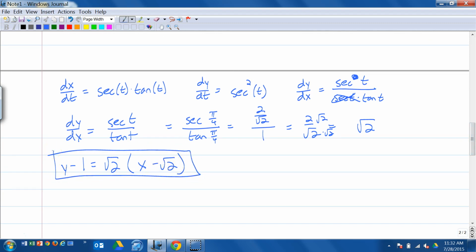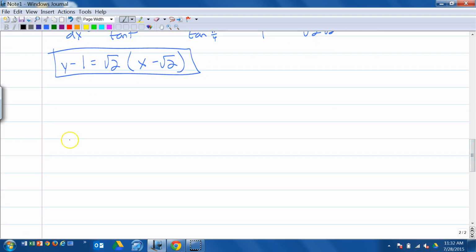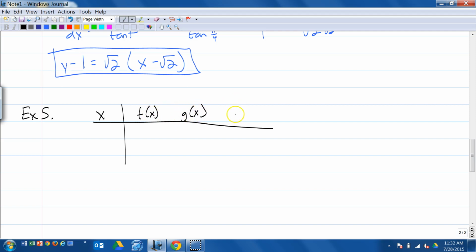And then the last thing I'm going to do is a chart problem. Again, it's just 2 days of notes in one, but I'm taking a few. I'm not doing every problem here. So if I give you a chart, and I give you a bunch of numbers for these functions, we can use the chain rule and the chart to help us find our derivatives.